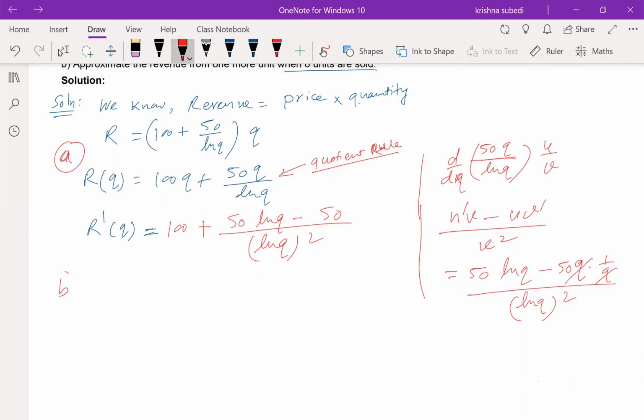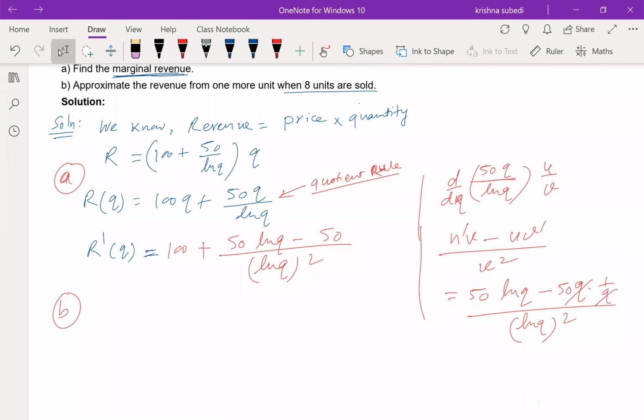Part B. Approximate the revenue from one more unit when 8 units are sold. What does that mean? It means we need to find R prime of 8. Remember here, when 8 units are sold, that means we're trying to find the revenue from the 9th unit.